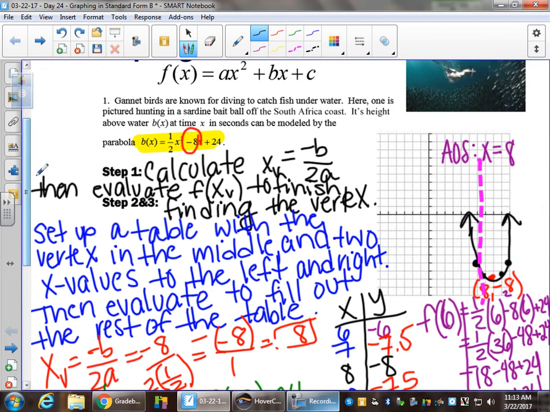Reading back into the problem, how am I going to label my y-axis? What is my y-axis representing? Read the problem. How am I going to label my y-axis?